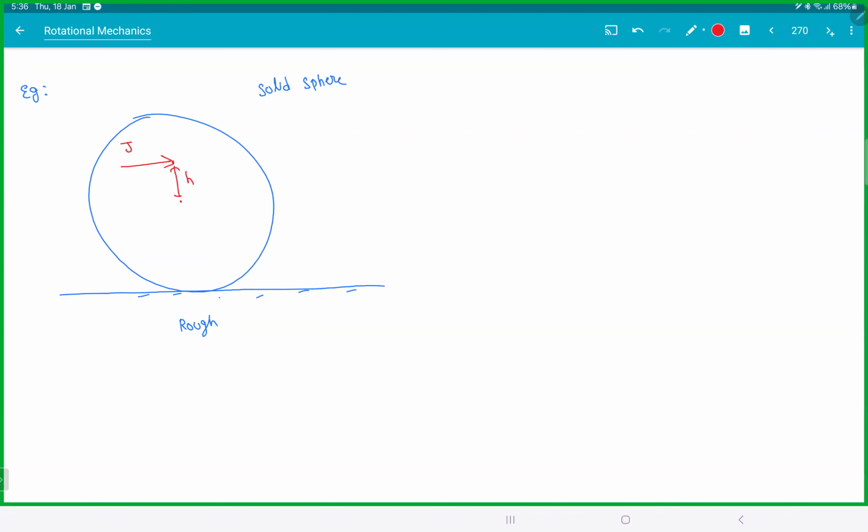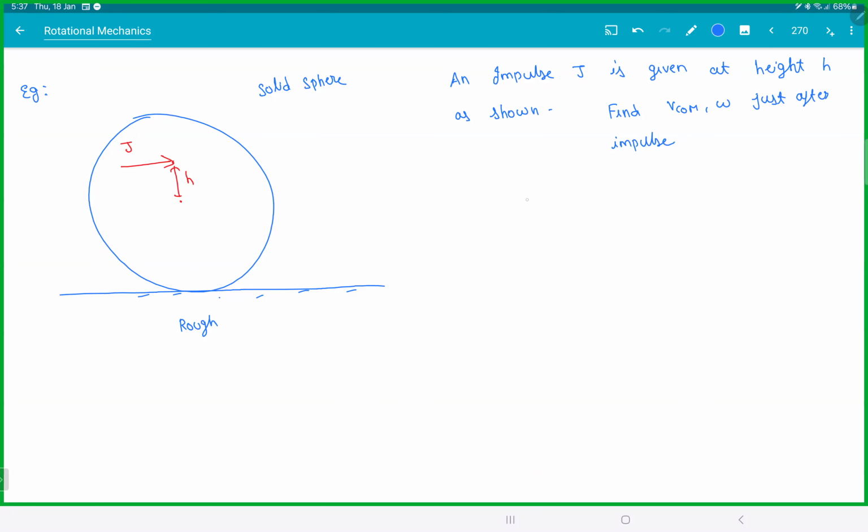This is how the question will be mentioned. So they'll ask you to find V_COM and omega just after impulse. I think after a long time it will start rolling and all that will happen.